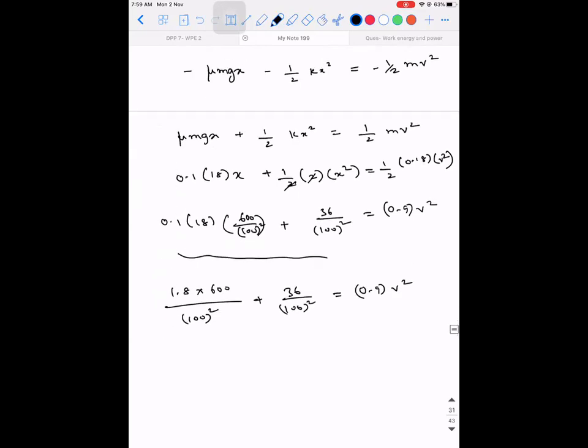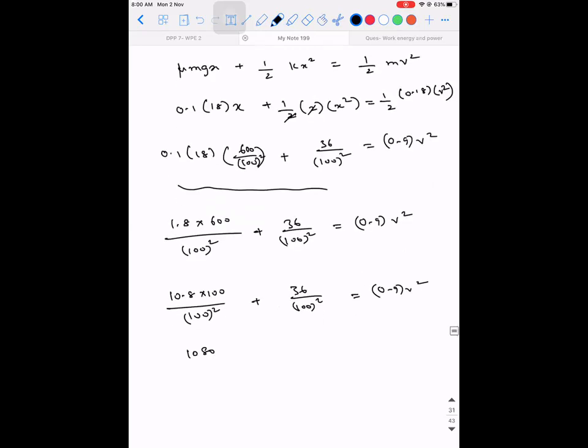So 6 into 1.8 is how much? 108. So 18.6 is 108. So 10.8 into 100 divided by 100 square plus 36 divided by 100 square is equal to 0.9 into v square.